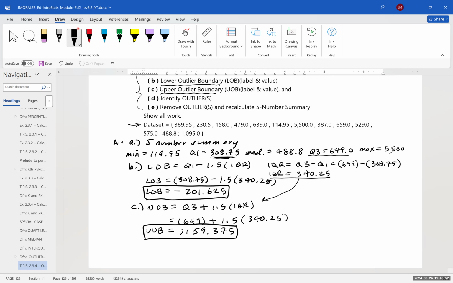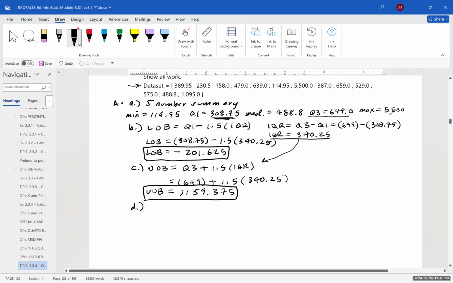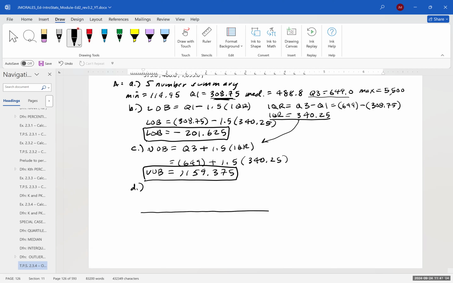All right. Now for part D, let's go ahead and make our number line in order to identify outliers. So here I'm going to just make my number line. And let's put in 0. And then our lower outlier boundary is negative 201.625.